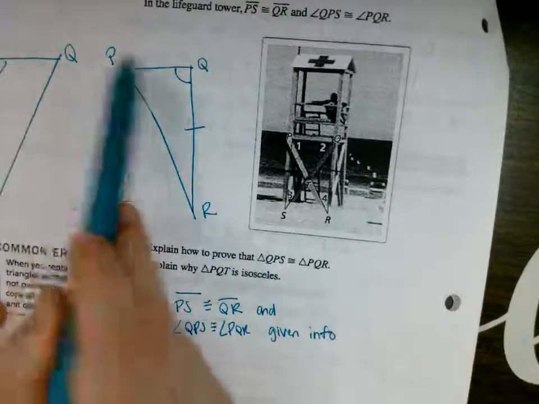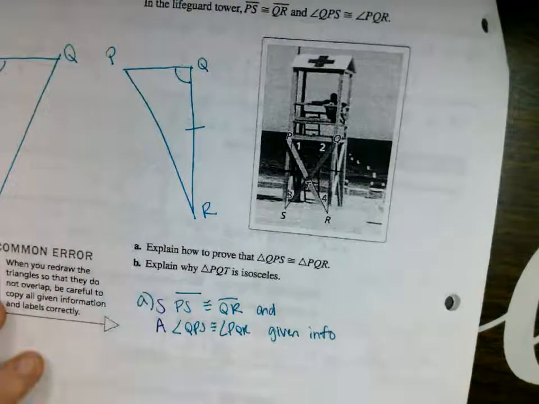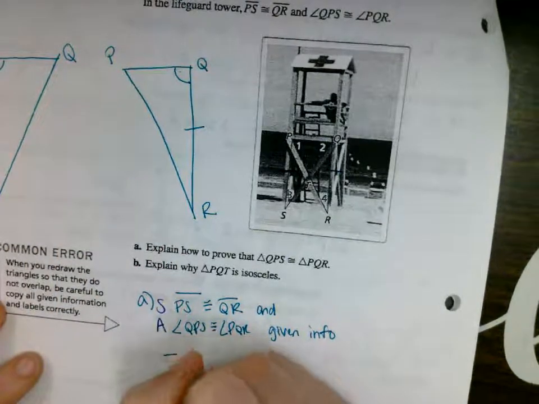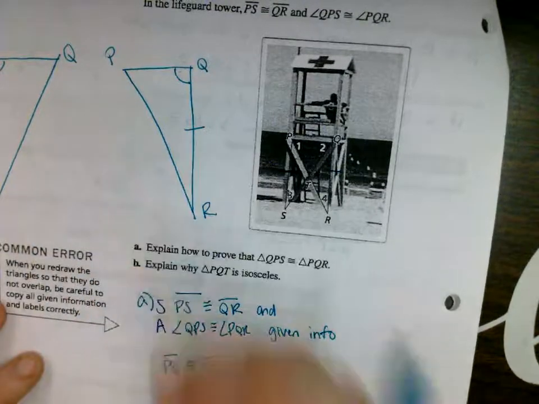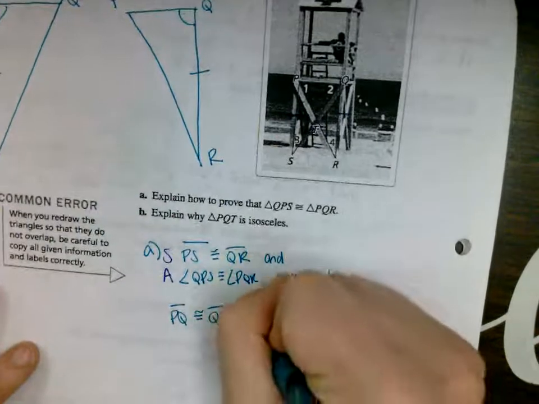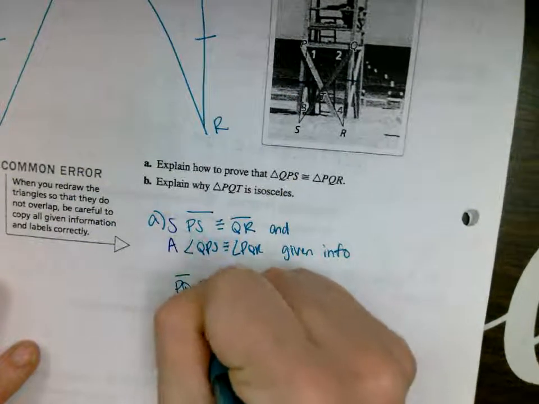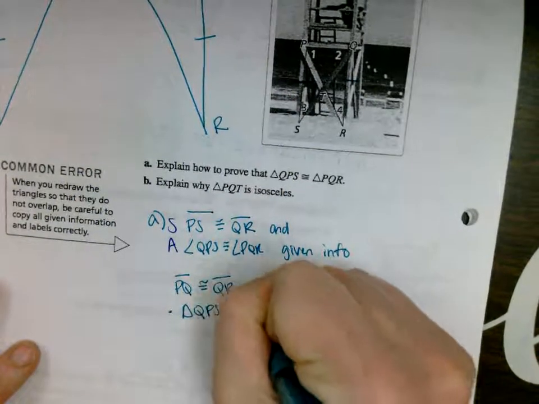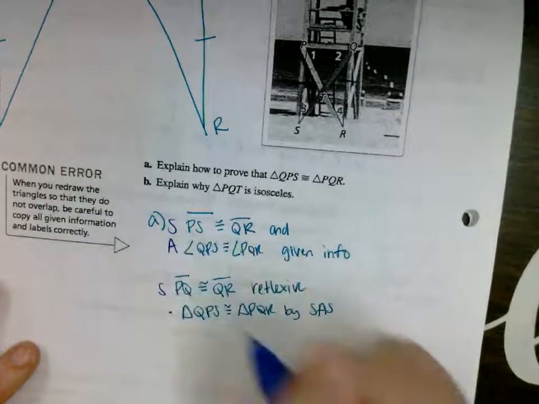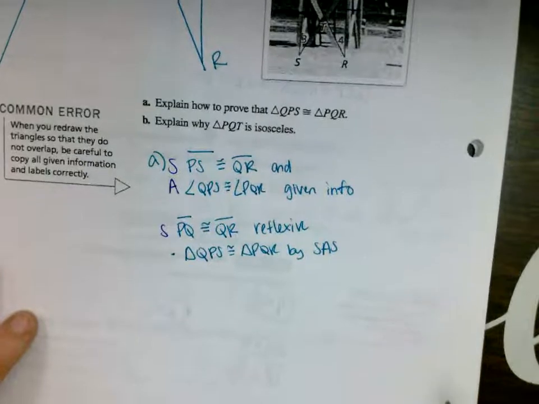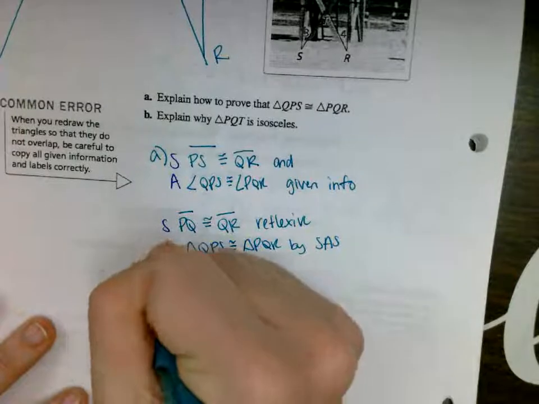That has to be PQ because you have no other choice because it has to be the included angle, and I know that PQ is congruent to itself. Okay, so PQ is congruent to QP because it does flip over, and that is called reflexive. So then you can say that triangle QPS is congruent to triangle PQR by side, angle, side.